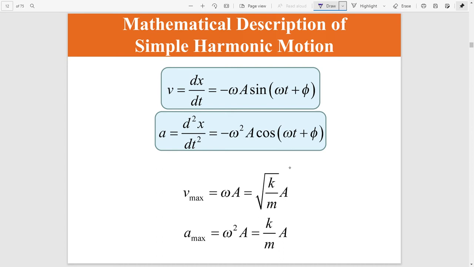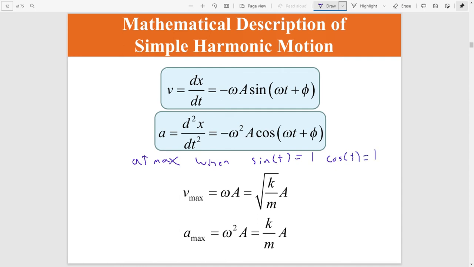Because, again, these are trigonometric functions, they have sines and cosines, which only go from -1 to 1, so they have maximum values, which occur when sine is equal to 1, or when cos is equal to 1 at a particular point in time.